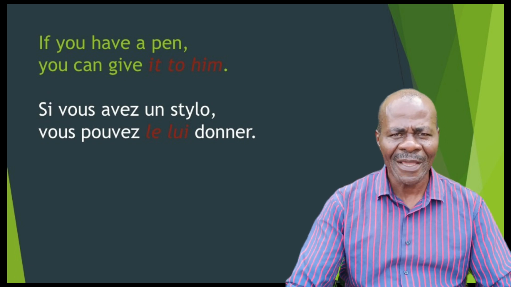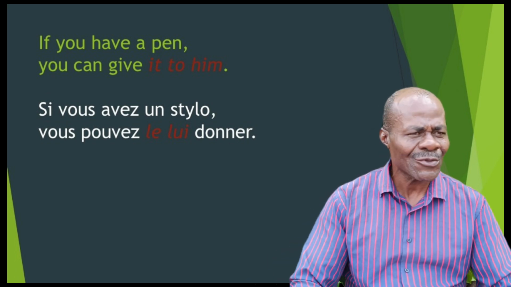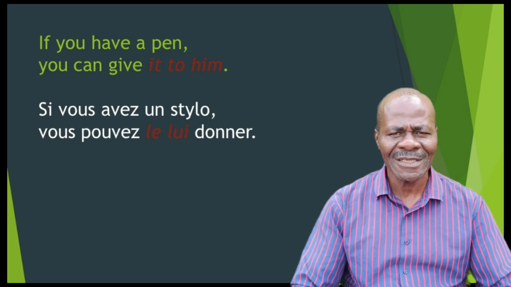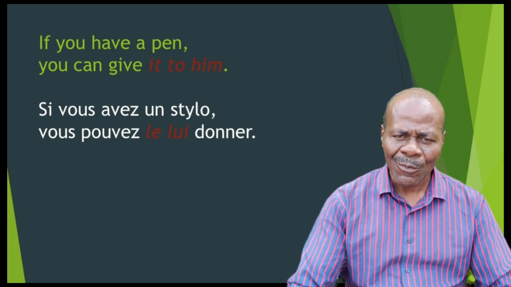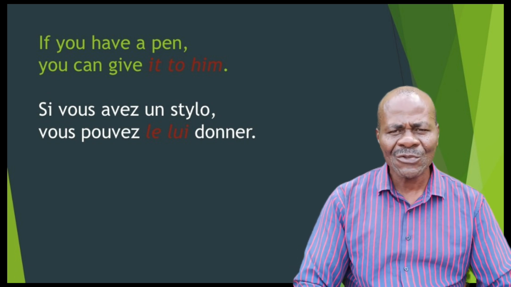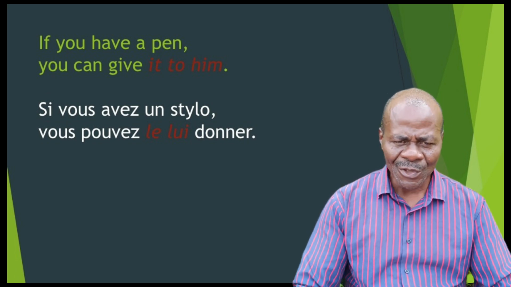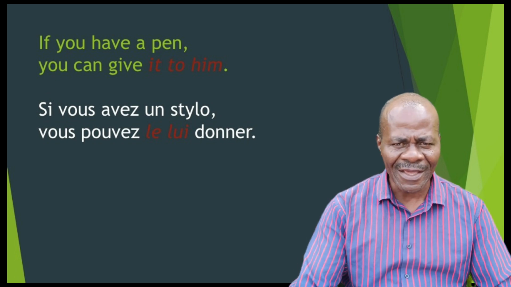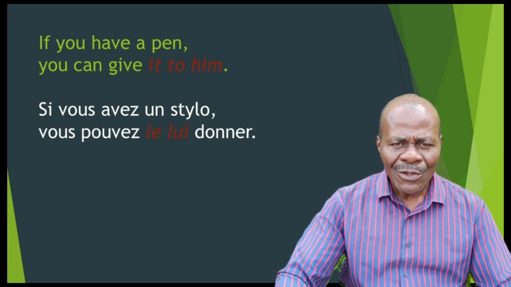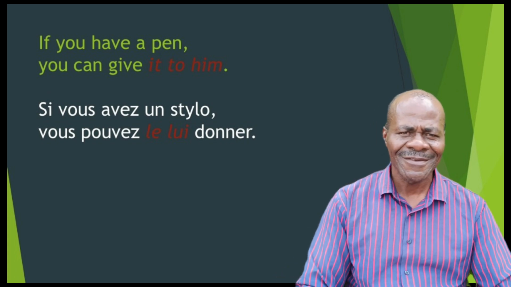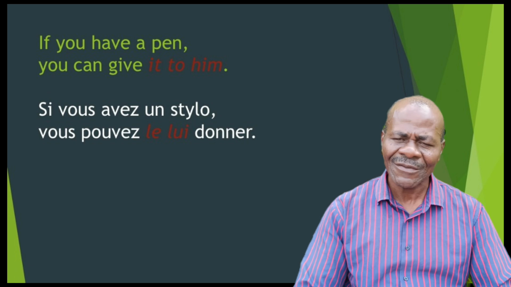You see, "it" and "to him" are the two pronoun compléments. "It" is what? Pronom complément d'objet direct. "To him" is what? Pronom complément d'objet indirect. So now in French, we have: si vous avez un stylo, vous pouvez le lui donner. Very simple.